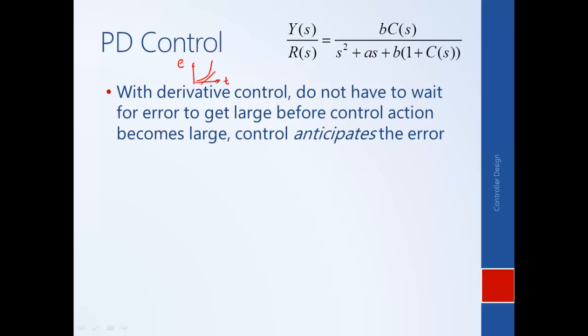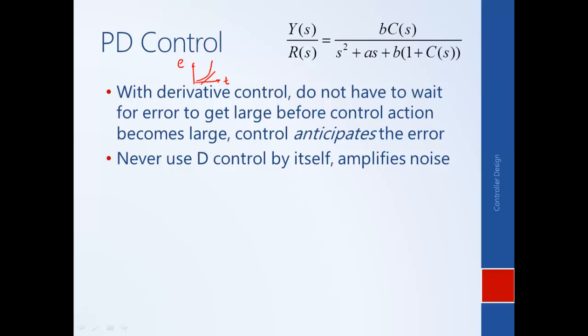So even if the error is still relatively small, but it's ramping up, that means that the applied control will also increase even before the error gets large. This is quite a useful fact, and it in essence allows the system to have improved damping, because if the error is starting to take off, the control effort can work to combat it early on.